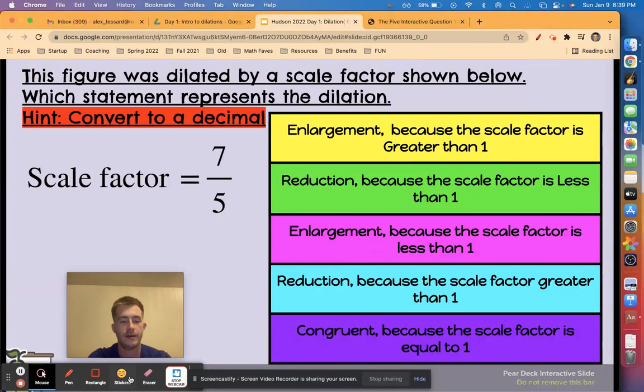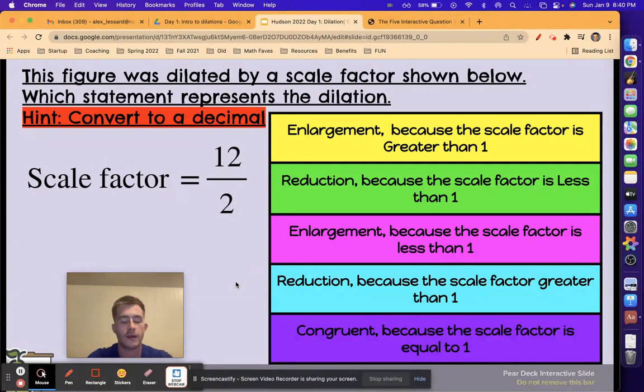All right. I've got 12 over 2. Go ahead and try to answer this one on your own. I'm not going to go over this one. Try to answer it on your own. I'll give you a few seconds. All right. How about this one? Same here.